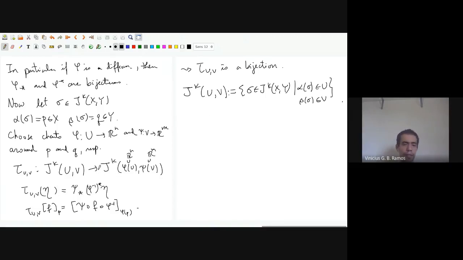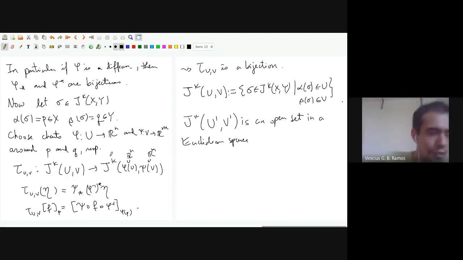This is not just topology, it also has the structure of a vector space. So Jk of U tilde and V tilde is an open set in some Euclidean space.